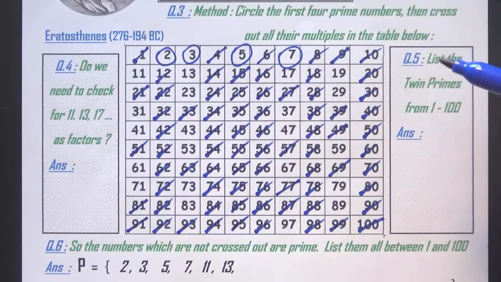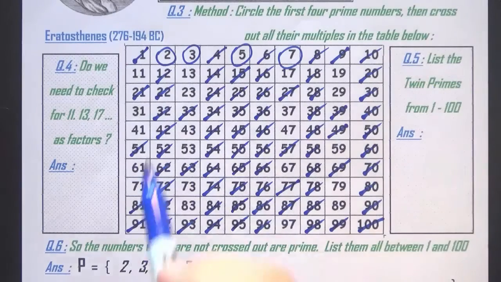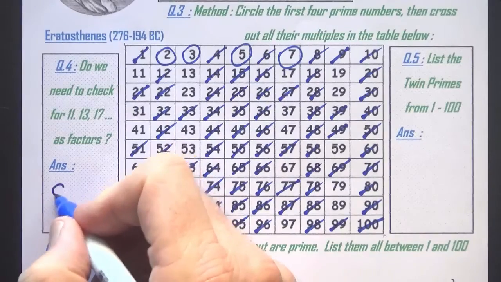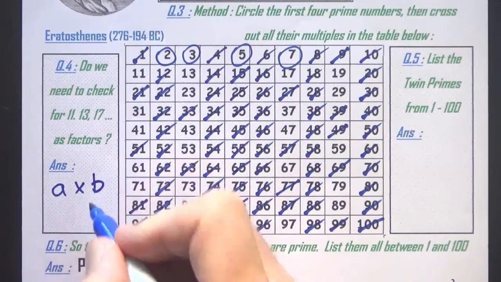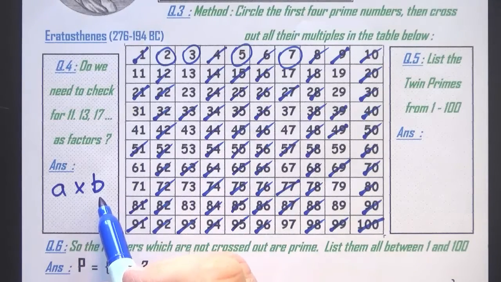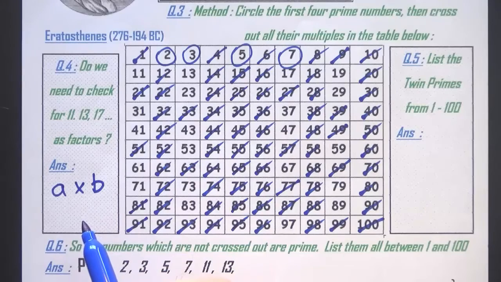The next question is, do I need to check for 11? Because that's my next prime, isn't it? Well, we have two numbers, the product of which is less than 100. So if one of those numbers is greater than 10, for instance 11, the other one will be less than 10.